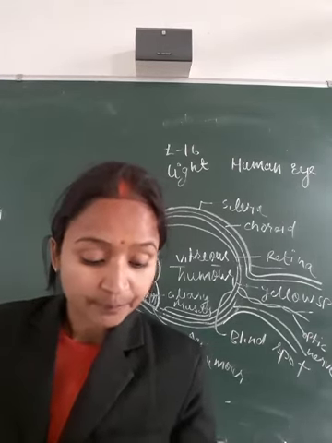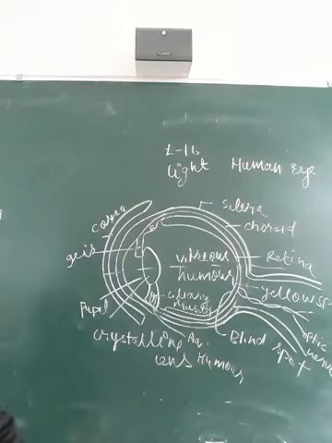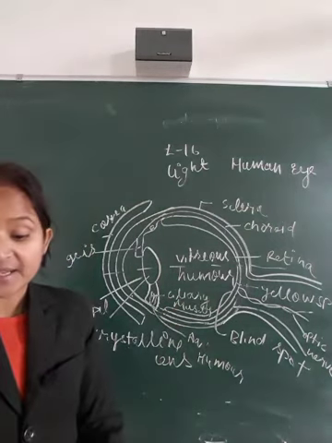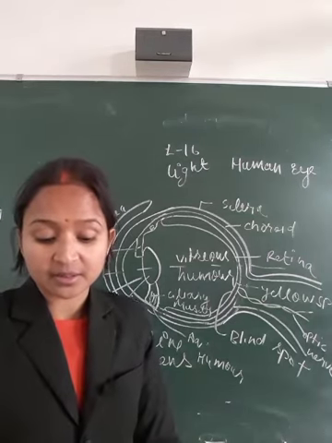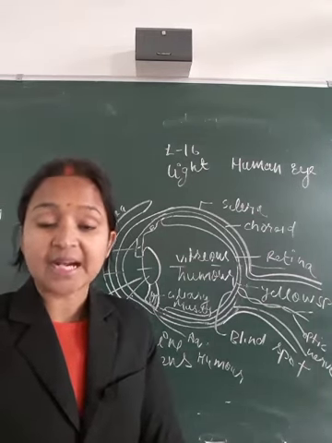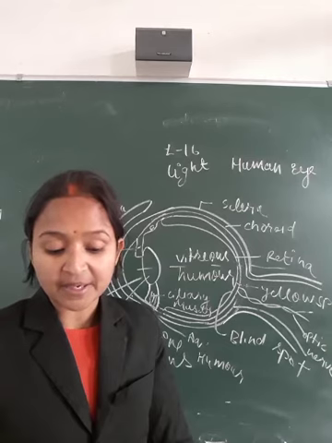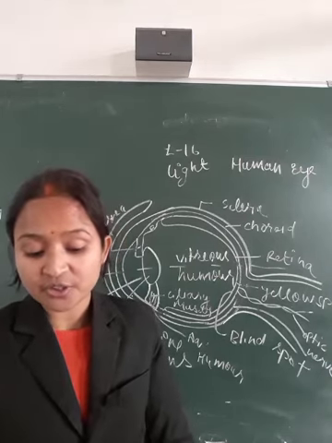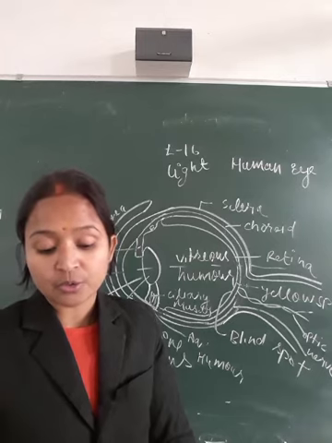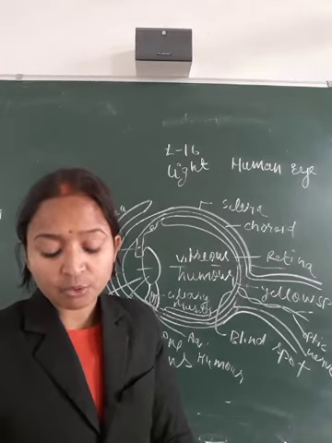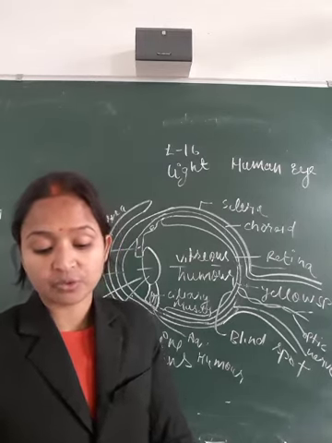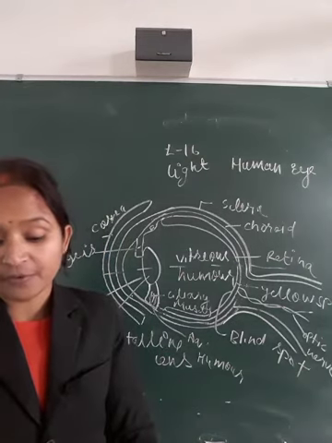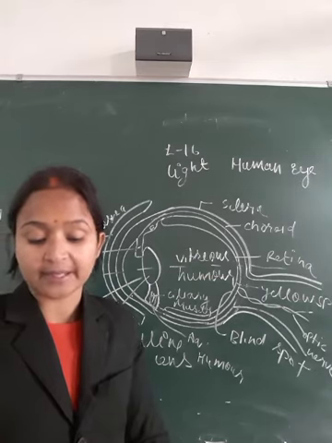Now vitreous humor. Here you can see it is a dense jelly like fluid, slightly gray in color and filling the part of the eye between crystalline lens and retina. What is its function? Its function is to prevent the eyeball from collapsing due to change in the atmospheric pressure and focusing the rays clearly on the retina.